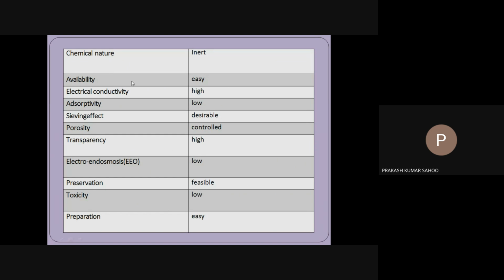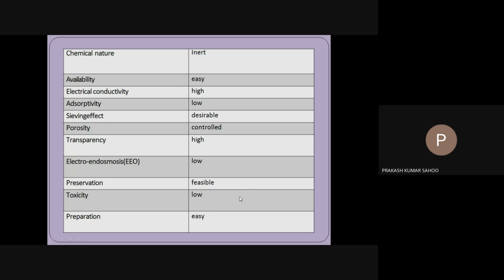There are some parameters: chemical nature, it should be inert; availability, easily available; conductivity should be high; adsorptivity should be low; sieving effect should be desirable; porosity should be controlled; transparency should be high; and electroendosmosis should be low. Then preservation is feasible, toxicity is low, and preparation should be easy.